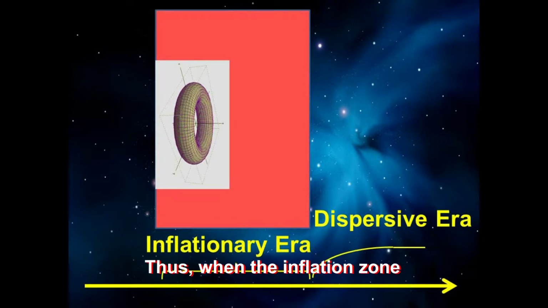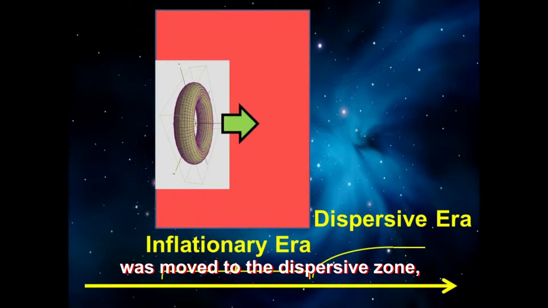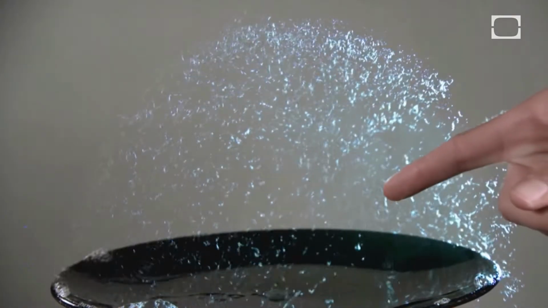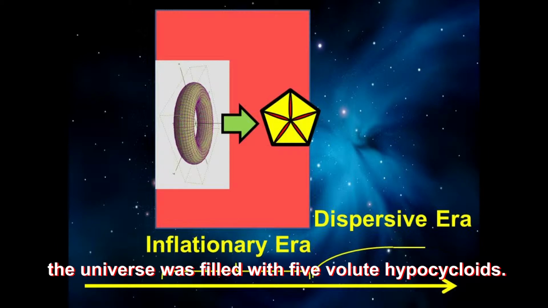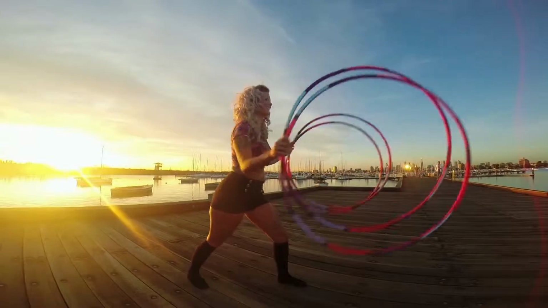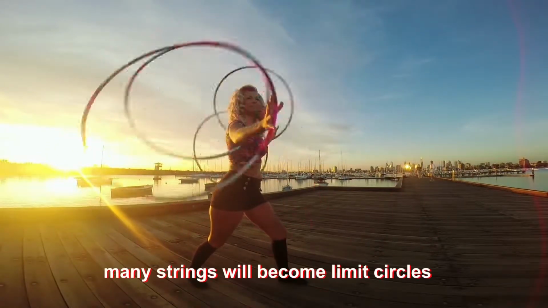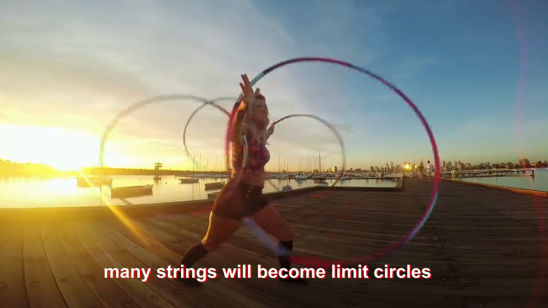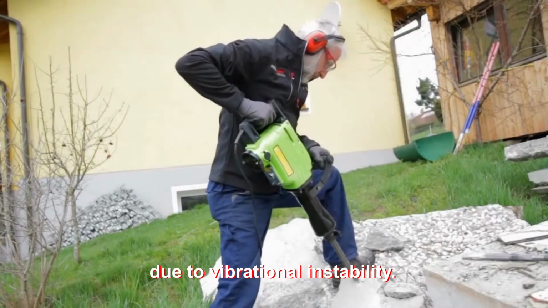Thus, when the inflation zone moved to the dispersive zone, when the bubbles burst, the universe was filled with 5-volute hypocycloids. Of course, many strings will become limit circles due to vibrational instability.